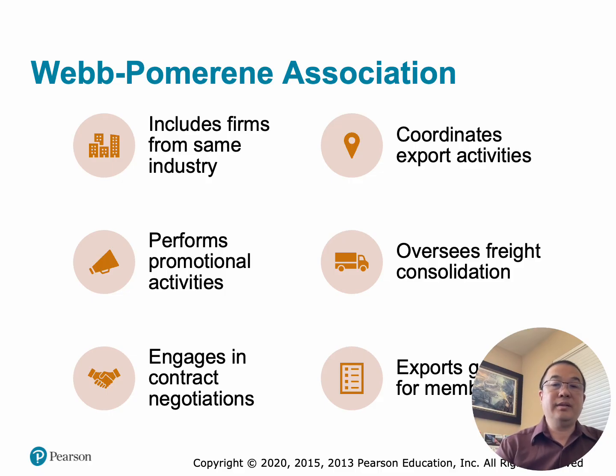It was created under the Webb-Pomerene Act of 1918 in the United States. Normally, competitors cannot coordinate business activities because of antitrust laws. However, the Webb-Pomerene Act allows cooperation specifically for export activities because the sales occur outside the U.S. market.